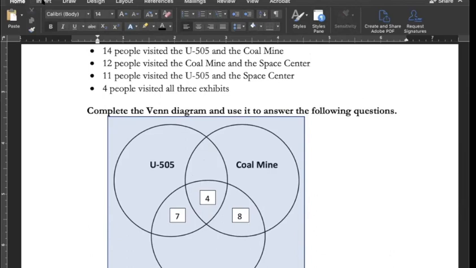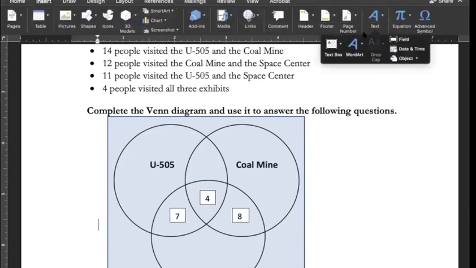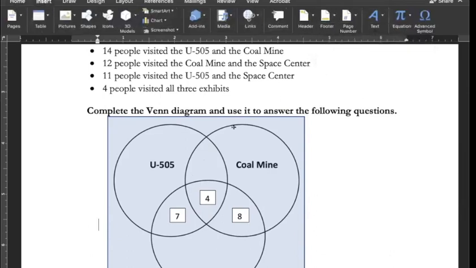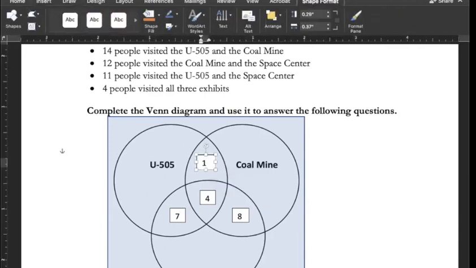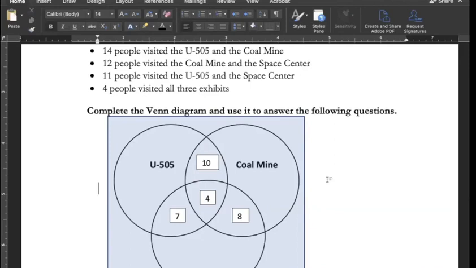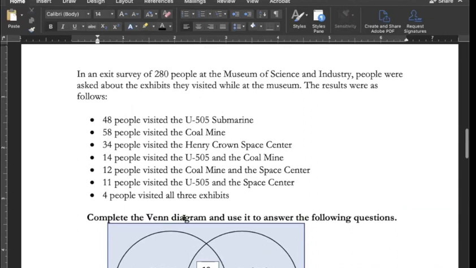And again, we know that 4 of them are already counted. So that means we've got to put the remaining people from that 14 in here. And of course, if 4 are already counted, that means that 10 of them would go in that region right there. So we've already accounted for 10 and 4 is 14, 14 and 7 is 21, and 8 is 29. We've already accounted for 29 of the 280 people.